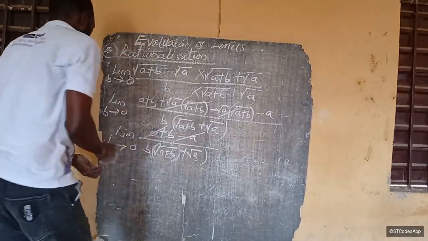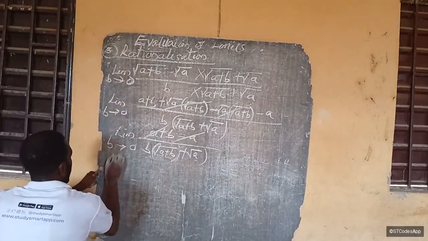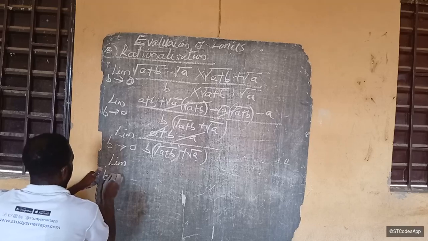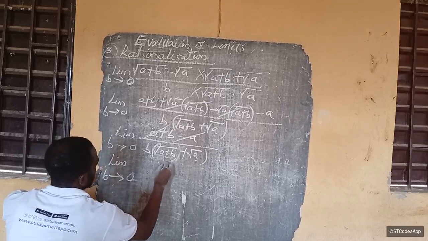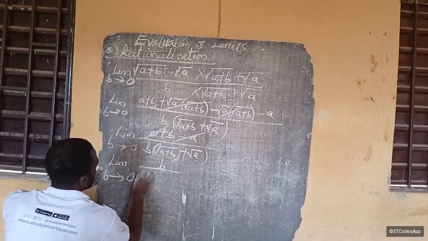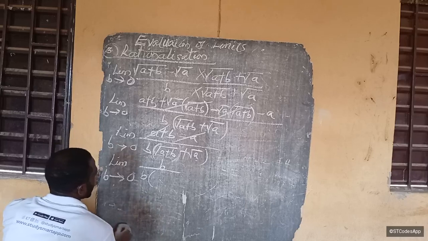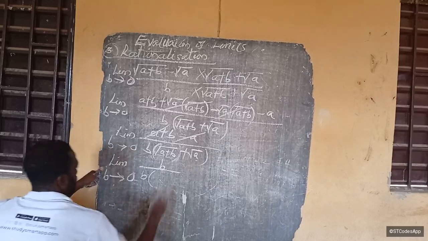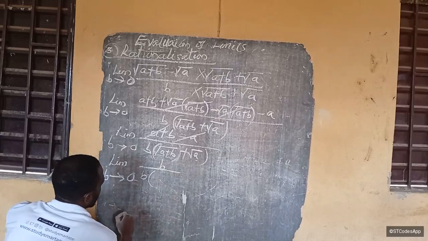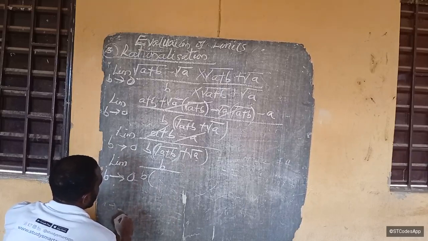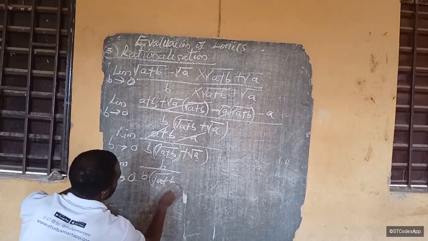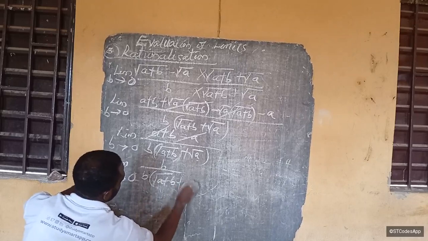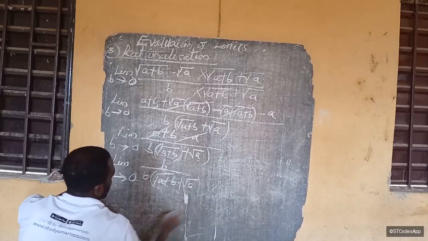So our function becomes the limit as b tends to 0 of b over b into bracket, if b opens this bracket here, I'm going to have root a plus b plus root a.